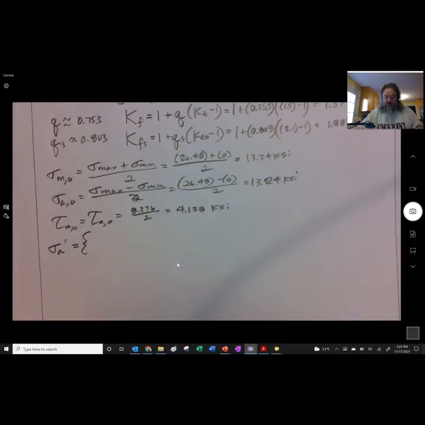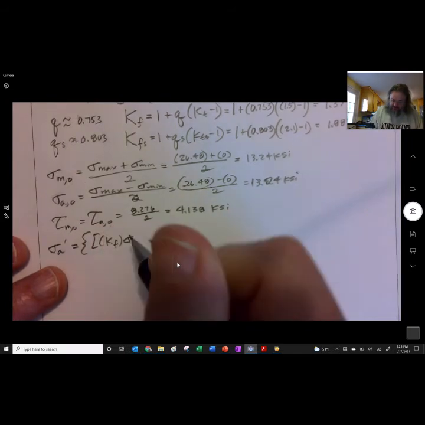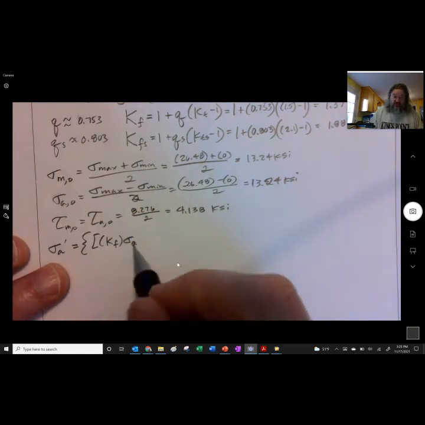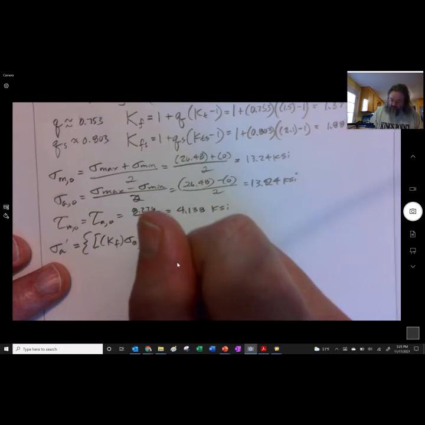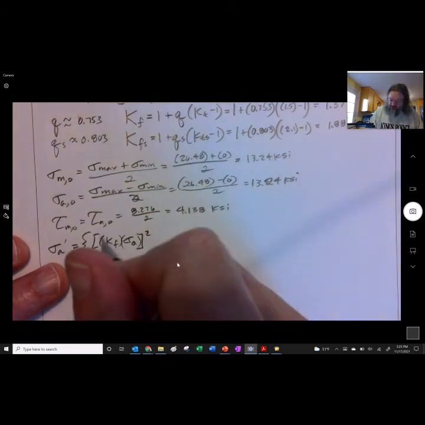So we've got a bracket here in the Kf times sigma a. We're dropping the nominal thing off of there, squared. I don't know why we have that in there; those parentheses do seem unnecessary.